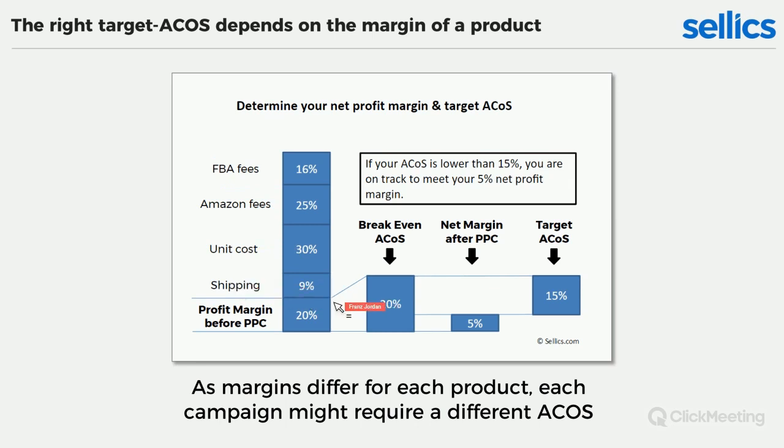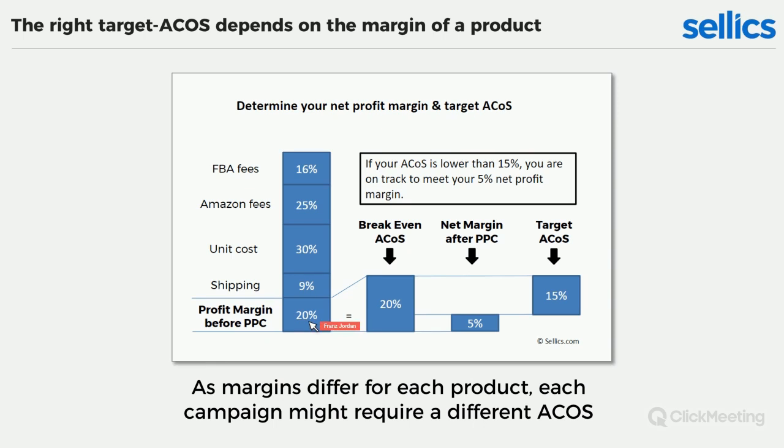But eventually, we have a profit margin for this product. In this example, we just assume that we have a profit margin of 20%. So 20% is the profit margin of this product. Now that's important: this is before PPC, before spending any money on advertising.